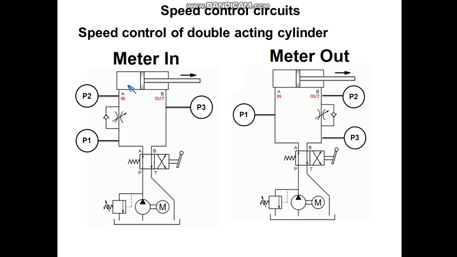We have already studied running loads and opposing loads. Even if the load changes its direction, there is no chance of jerky motion of the hydraulic cylinder. So this is the main advantage of the meter out circuit.